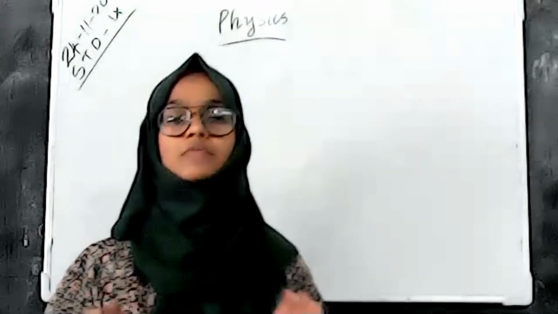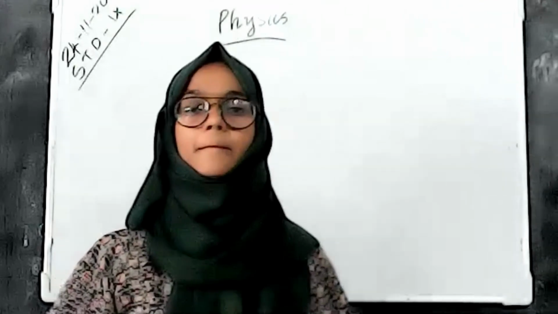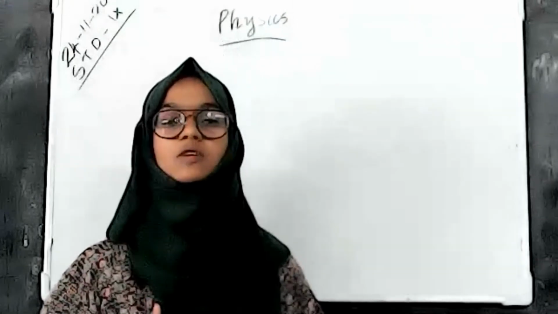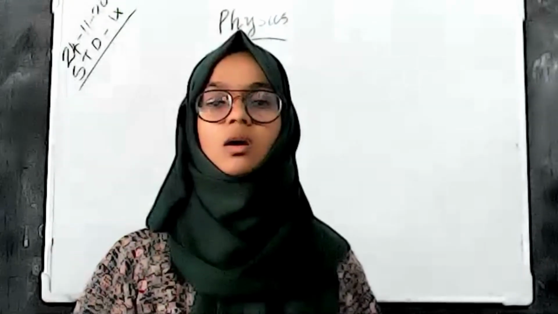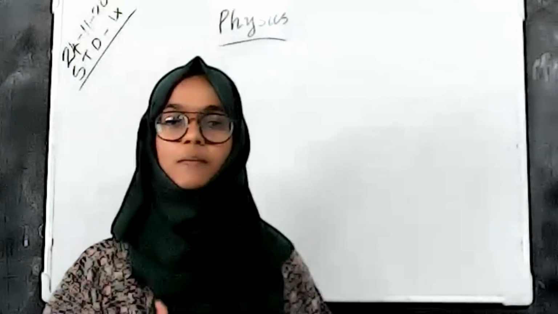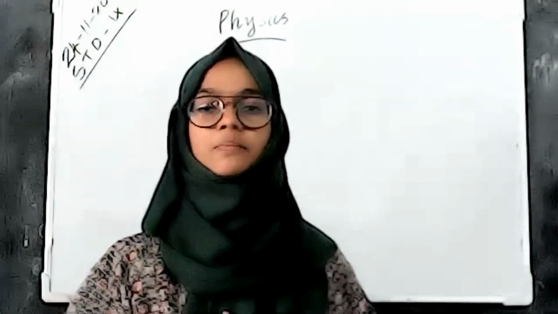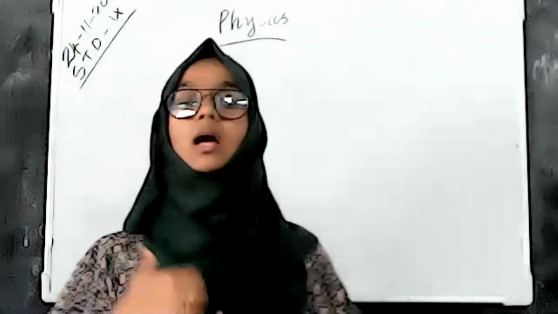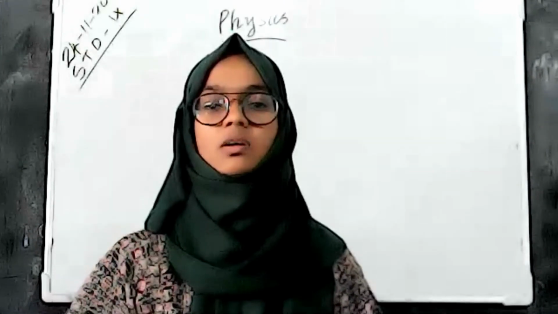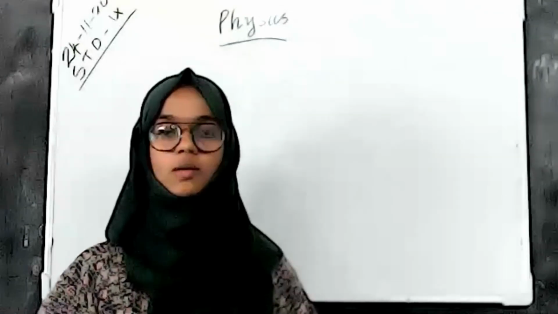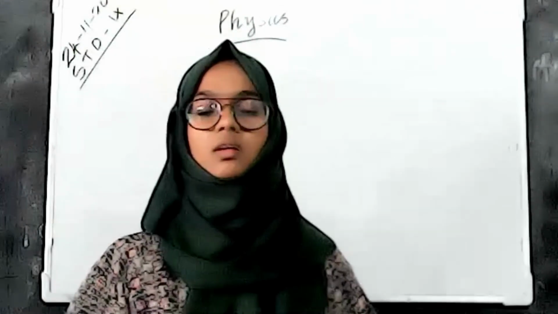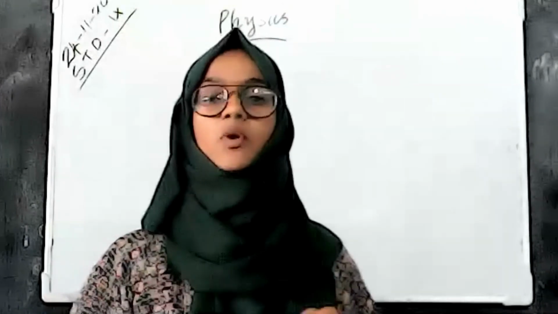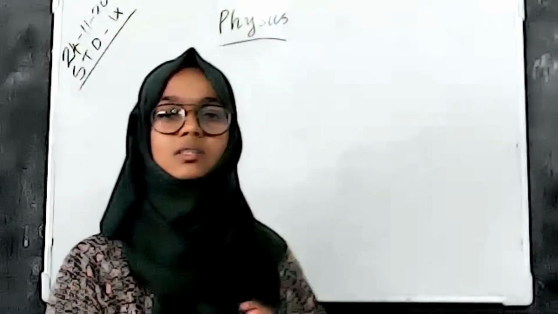So in some cases there needs to be an external unbalanced force changing the position or motion of a body or its state of rest. But in some cases, there is no need of an external unbalanced force for changing the state of a body. That is the observation of Galileo. And I think all of you understand the observation through that image.